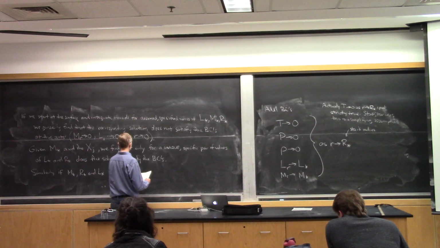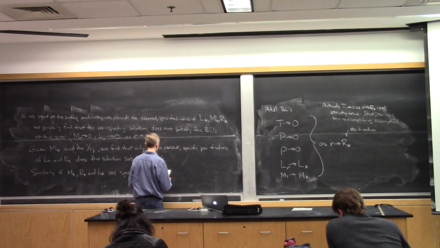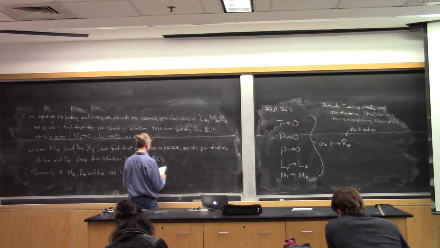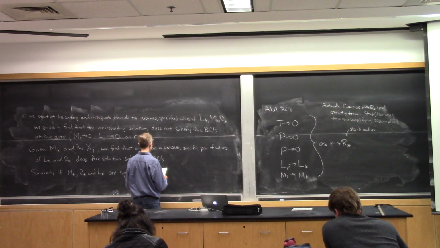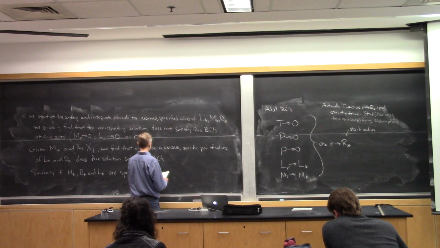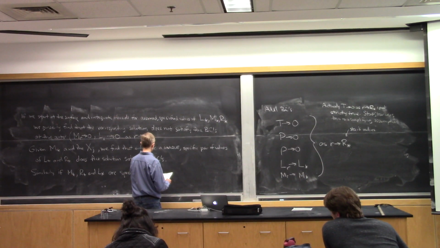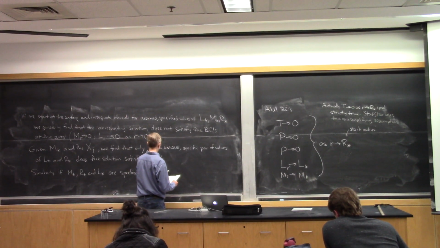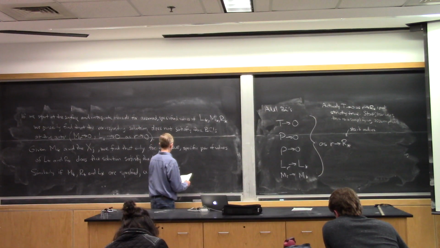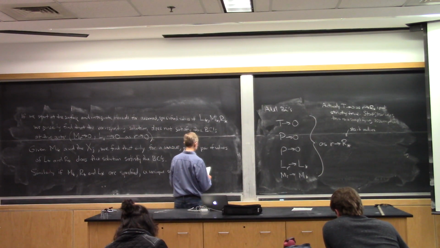If I know the mass, luminosity, and radius of my model, and I keep varying the composition till I get the solution to satisfy the BCs, a unique set of X sub j is required. Only one composition works.